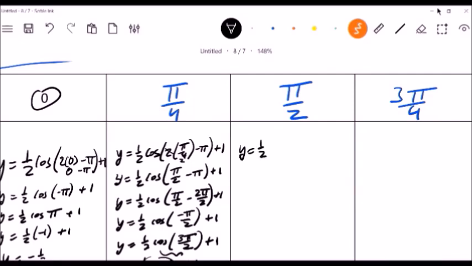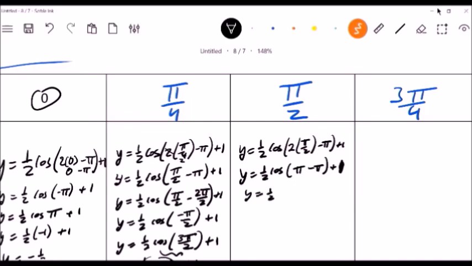Y equals 1/2 cosine of 2 times pi over 2 minus pi plus 1. Y equals 1/2 cosine. Well, the 2's cancel, so we get pi minus pi. Well, we're not going to have to worry about fractions on this one. 1/2 cosine of 0.